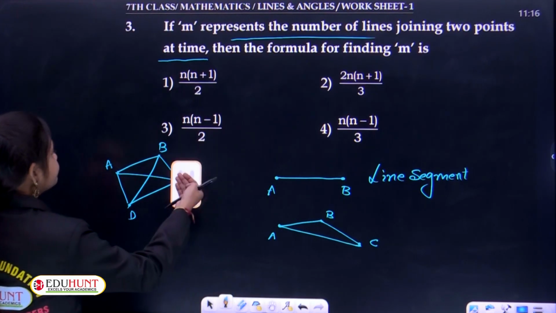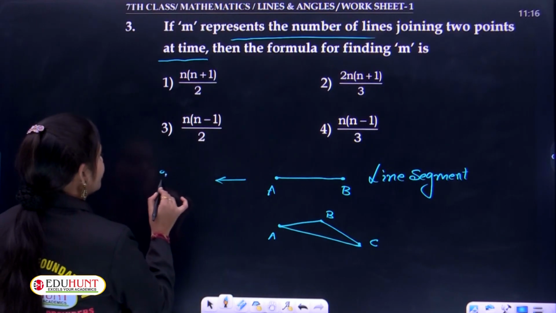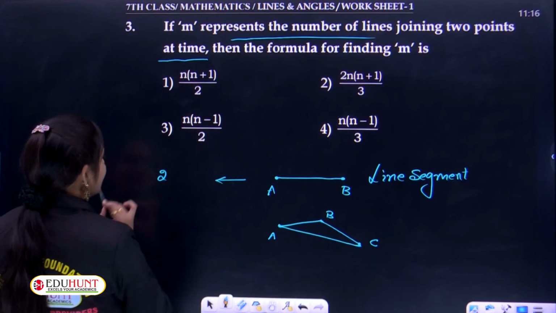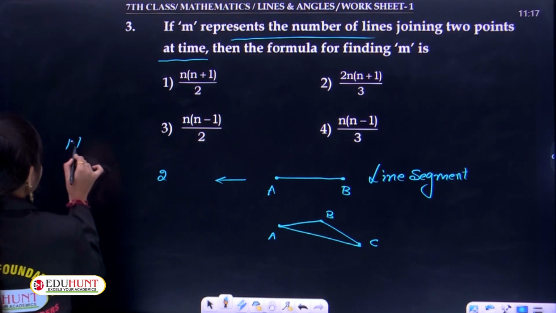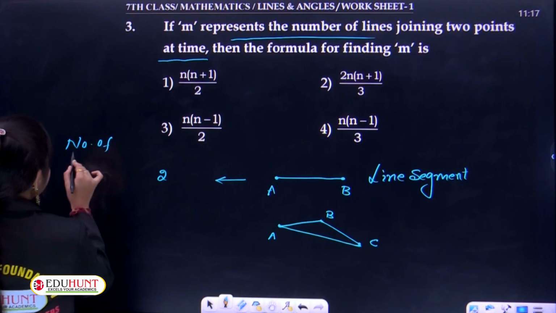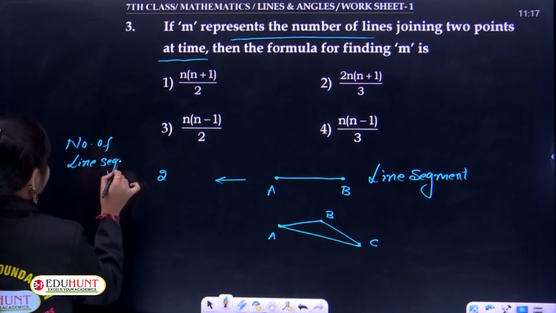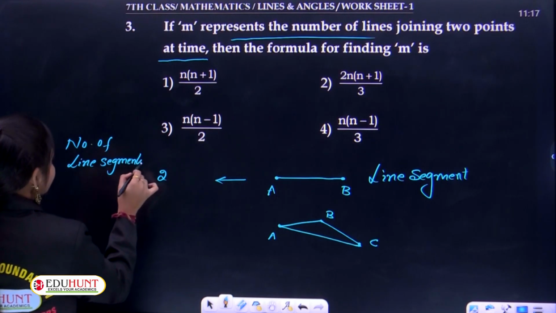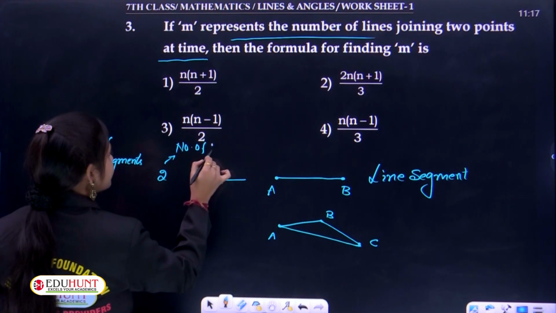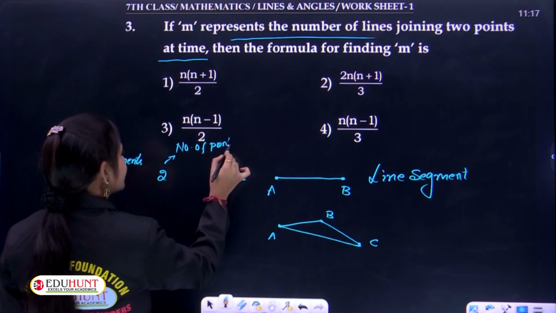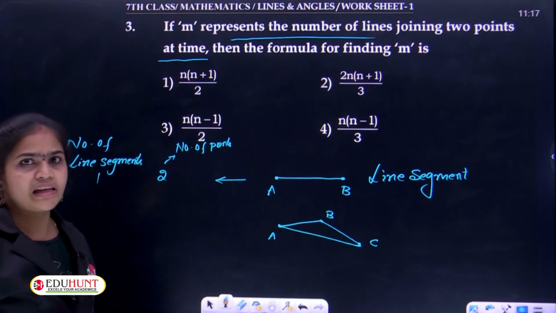How many line segments can we draw by using a given number of points? See here. For example, how many points did we take? 2 points we took, and we got only 1 line segment. Number of line segments, and this is the number of points. By taking 2 points, we have 1 line segment.